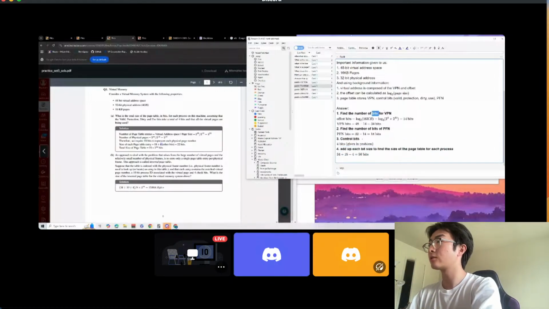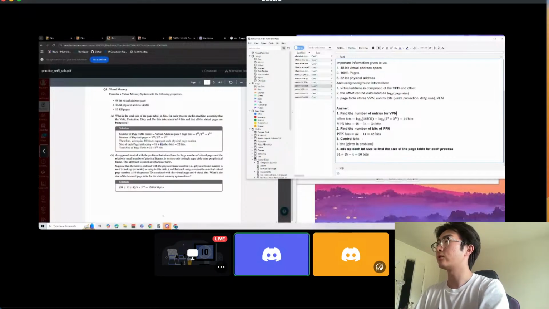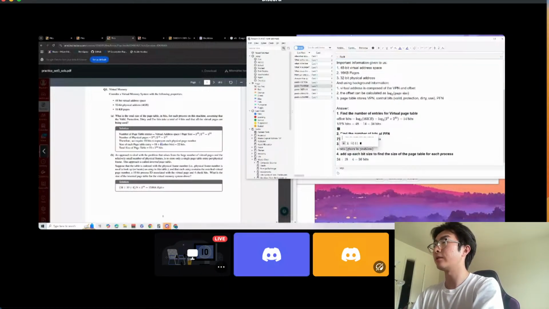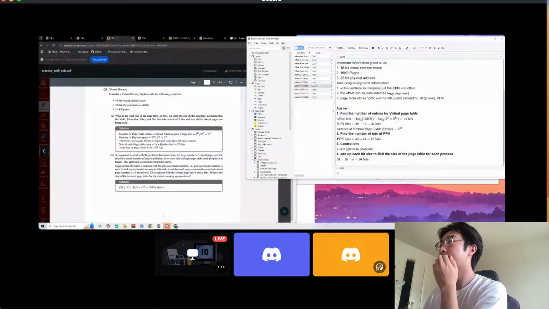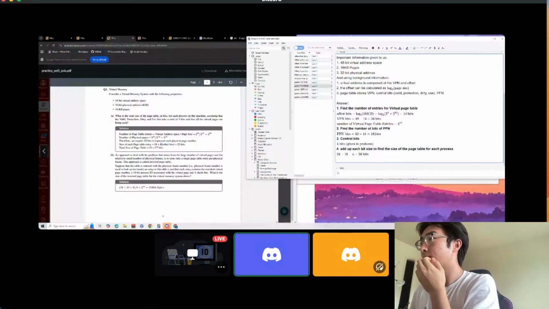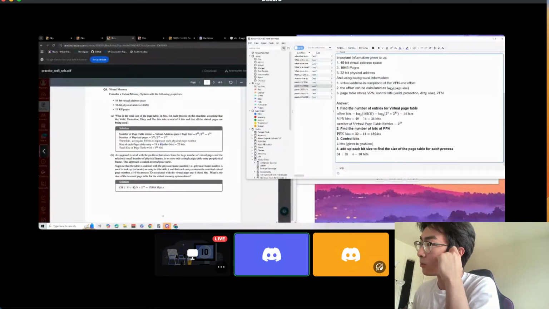Number of entries for the virtual page table. So the number of virtual page table entries is going to be equal to 2 raised to the 34. Okay. 18 bits. Okay.